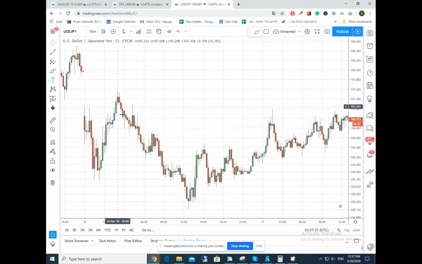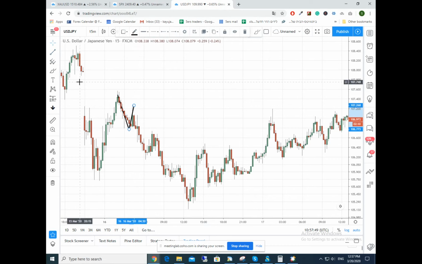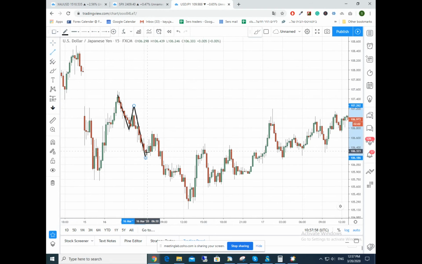When the price creates, as you can see here, let's try to paint it, we can see this low, then the price creates this high, and another low, a lower low, as we said before, and this is a lower high compared to the previous one.